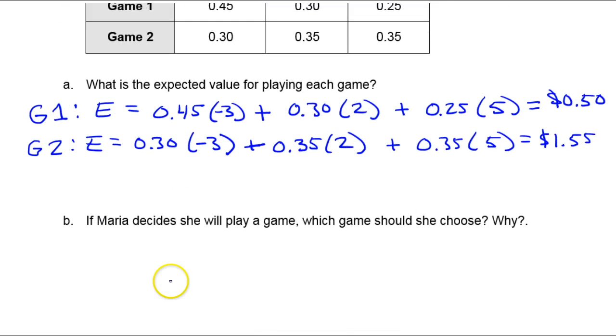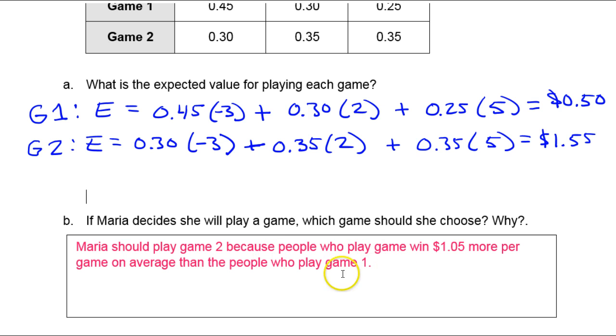Obviously if Maria decides to play the game, which game should she choose and why? Clearly she should choose game 2 because on average, people who play game 2 are winning $1.55. That's $1.05 more than people win on average playing game 1.